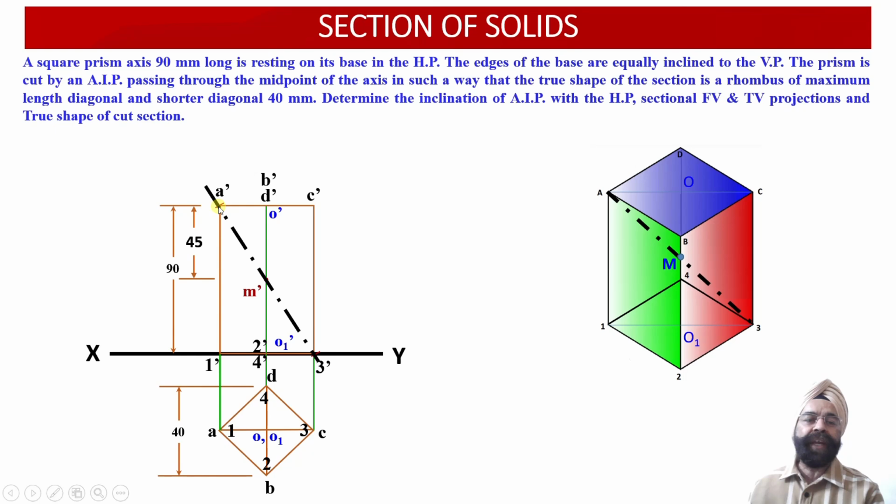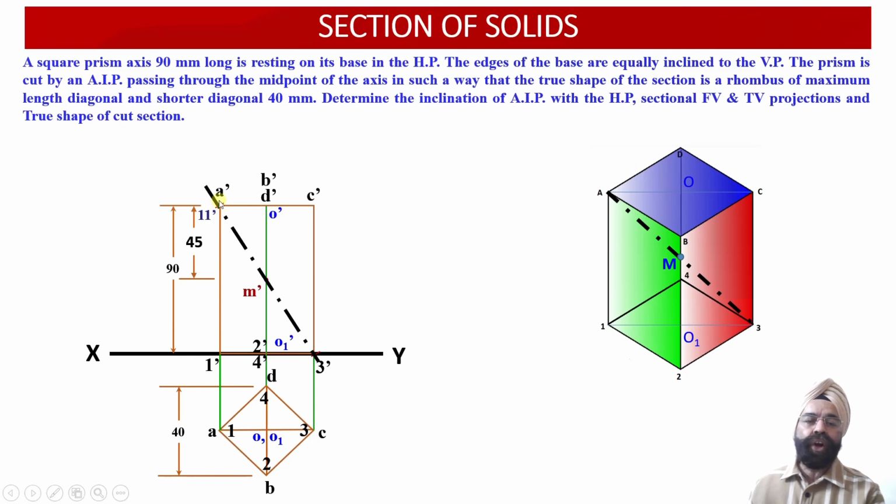So this cutting plane is going to intersect this vertical edge over here. So point 11 dash over here is going to coincide with point A dash. Reason? Because the cutting plane passes through the leftmost top corner point A of the square prism. So 11 dash and A dash points have coincided with each other.